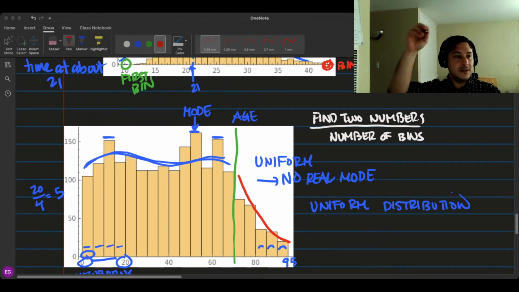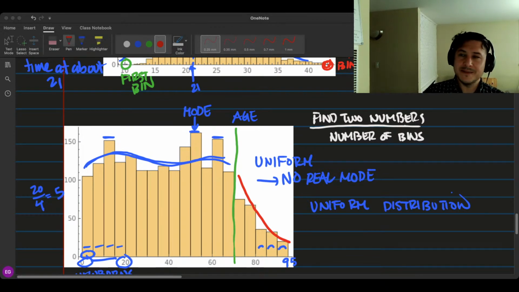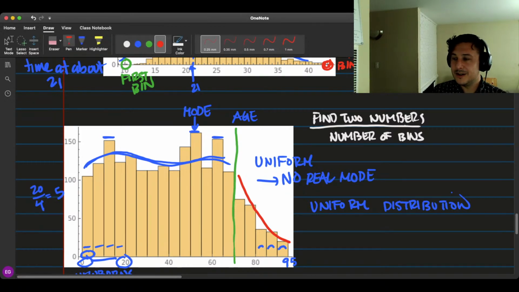Why did the heights of the bins fall after where I drew the green line? Approximately where is the green line? Cool. What starts happening to people once you get past 70 years old?